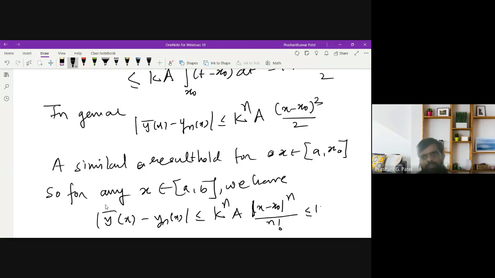That is less than or equal to k power n into a times b minus a raised to n upon n factorial. And this quantity tends to 0 as n tends to infinity.